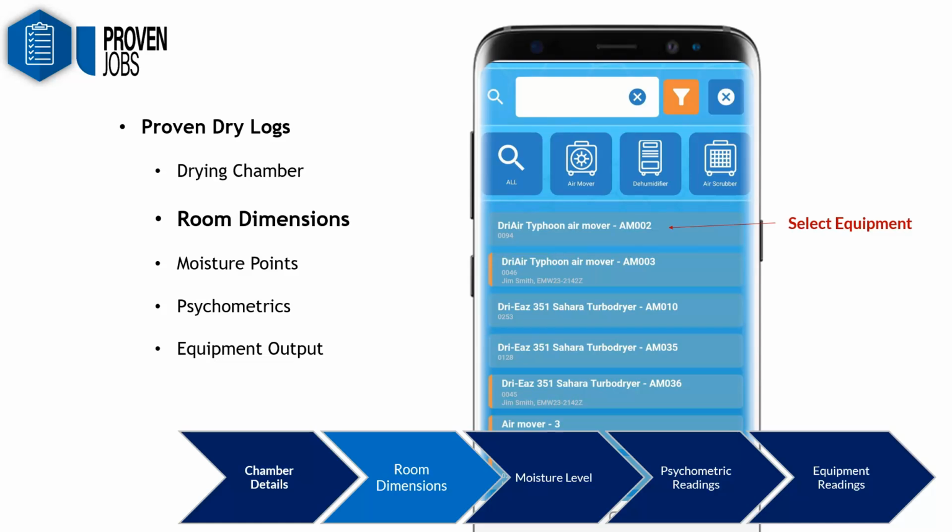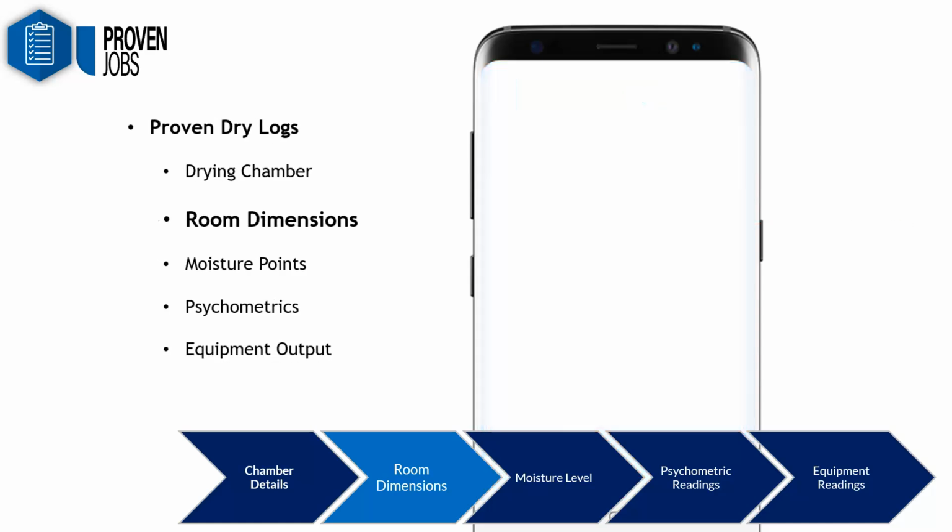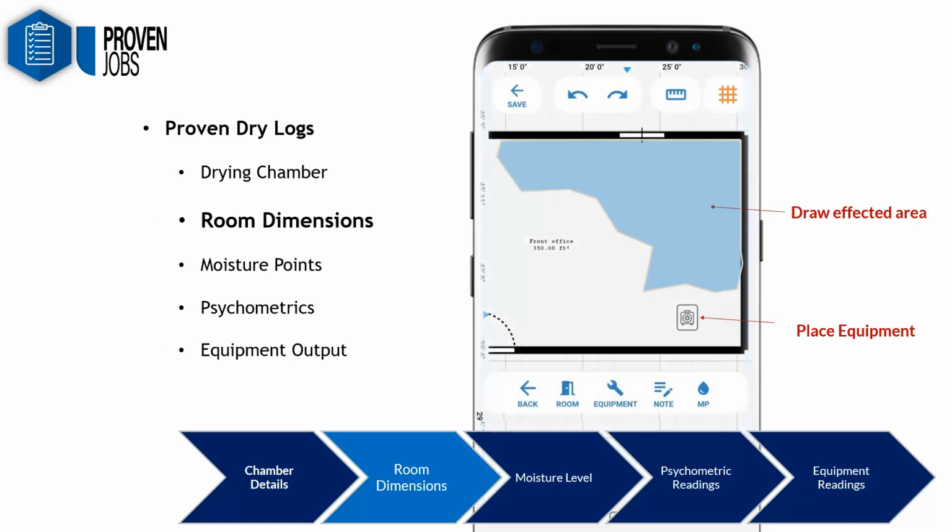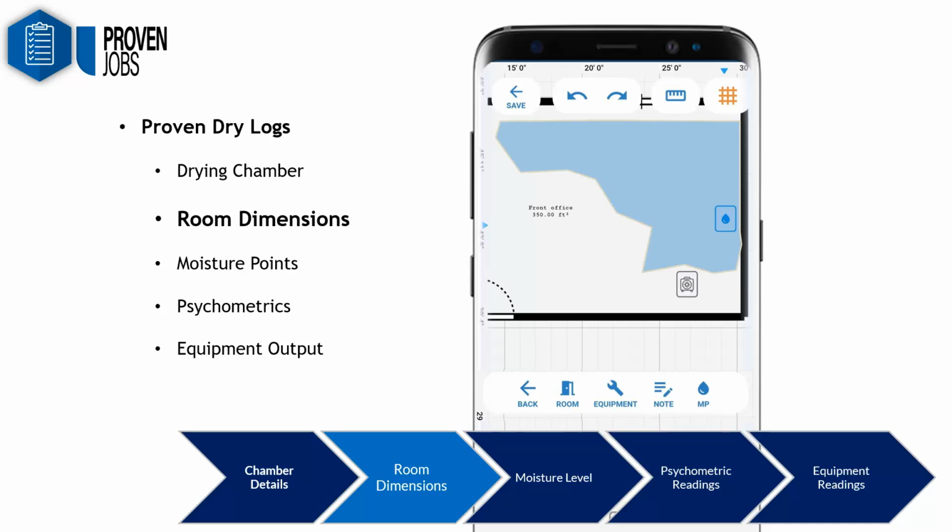When equipment is selected, it will pull up a menu option to allow you to filter out air movers, dehumidifiers, air scrubbers, etc., and add that equipment onto the sketch pad. Within the sketch pad, you do have the ability to draw the affected area and place equipment within the room area dimensions. Next, you can add moisture points for the affected materials.